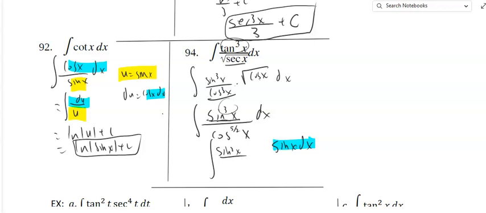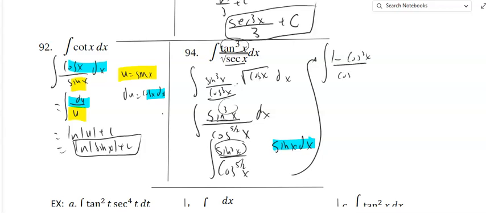Pythagorean identity, that is 1 minus cosine squared of x over cosine to the 5/2 of x times sine of x dx. Let u equal cosine of x. du, I already know what that du is. And that's how I started the whole thing.